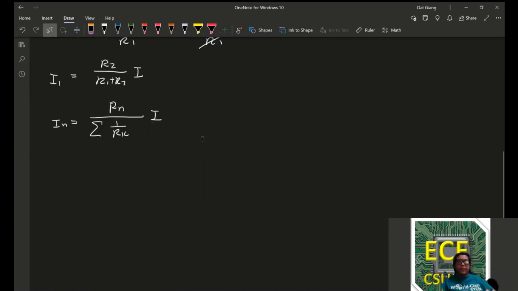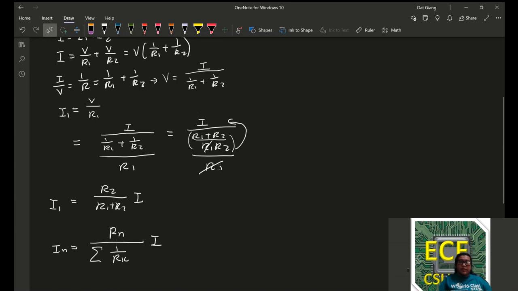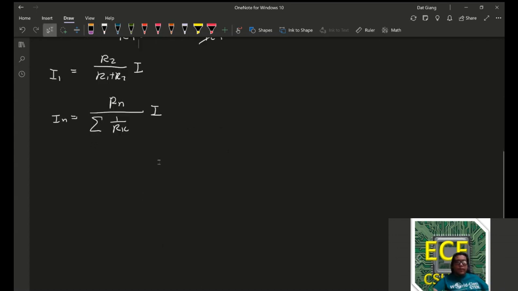So based on this observation, we don't have to simplify this. We can just move this to the bottom and move this to the top. And so we just have the reciprocal of the resistance of I1, which is R1, divided by the sum of the reciprocals of the resistances, which is what we have over here.